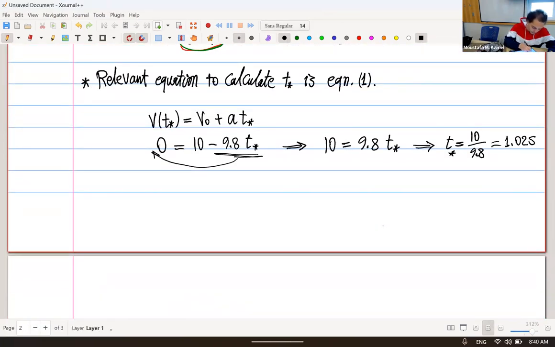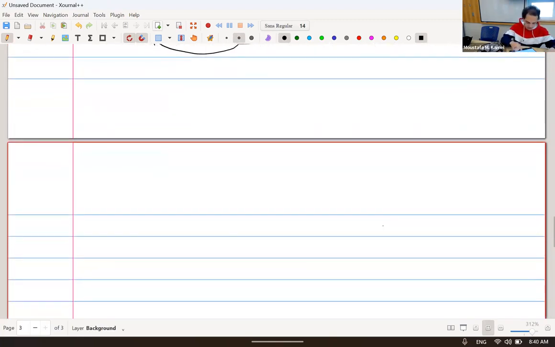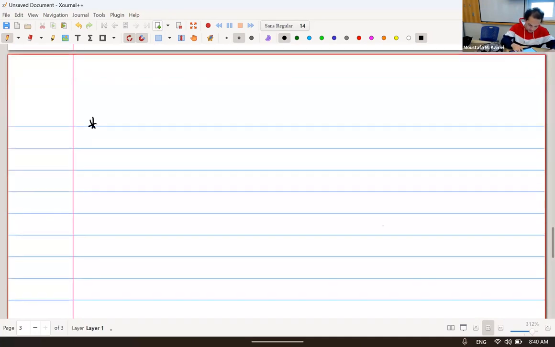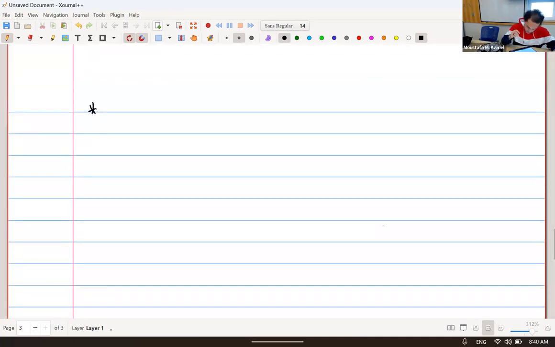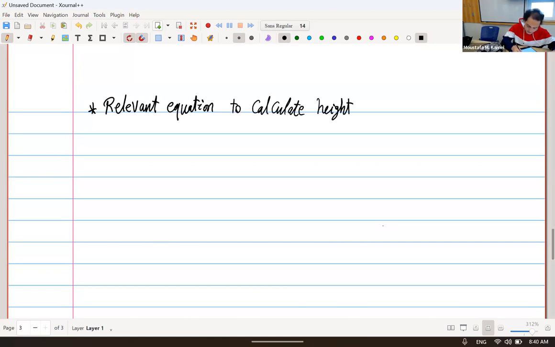So the relevant equation to calculate height is equation 3.